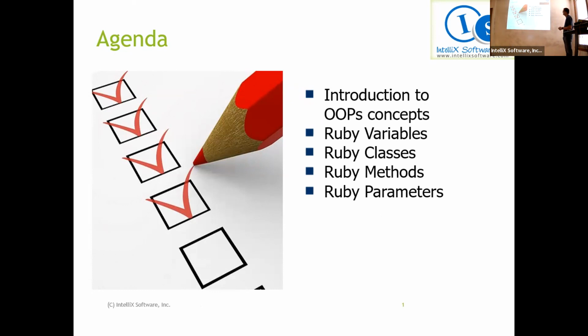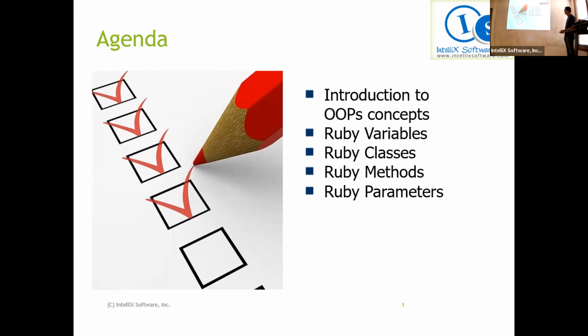As part of this session, we'll talk about the OOP concept, and then we will go through some exercises, and then we'll enhance the project that we built yesterday. We'll build on top of it. How do we create the classes in the project to support the test automation side of things?